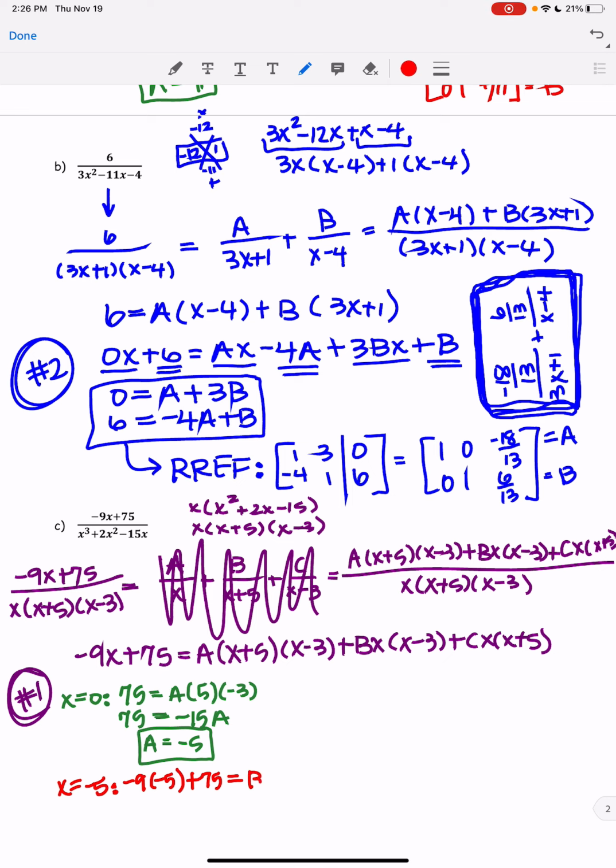Then I have B times negative 5 minus 3, which gives me negative 8. And when I put in a negative 5 here, that zeroes out, so that whole term also cancels. Negative 5 times negative 9 is 45. 45 plus 75 is 120. On this side, we've got 40B. Divide by 40, and B equals 3.